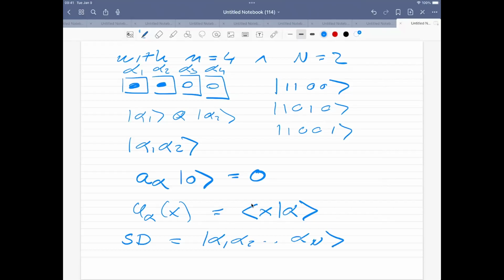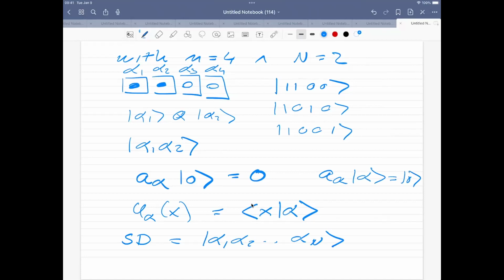So from the context, when you see this, this is going to represent a Slater determinant. Also, let me remind you of the other calculational rules. If this acts on that state, that brings us back a 0, which is the vacuum state.